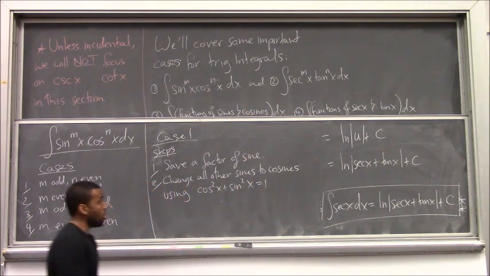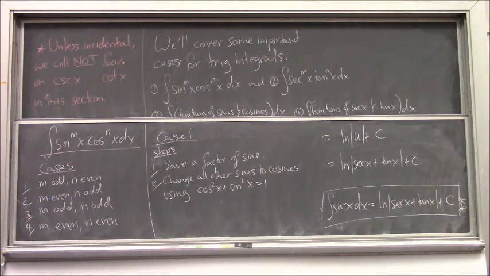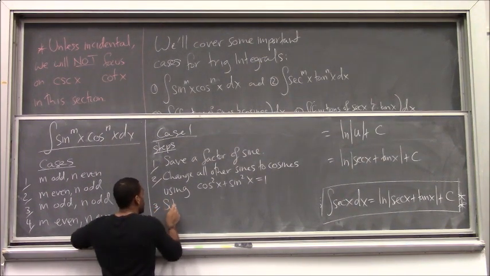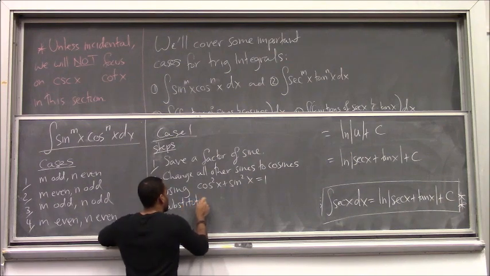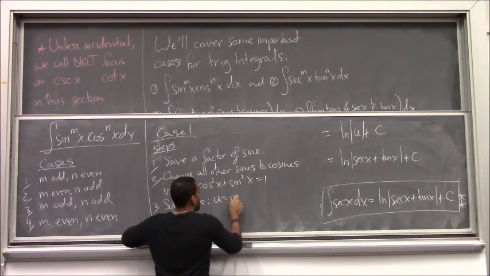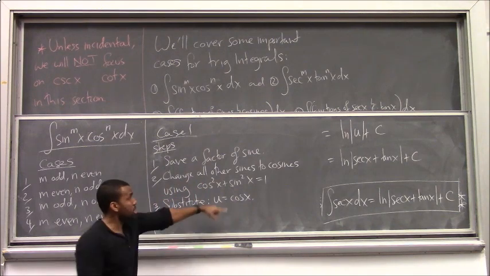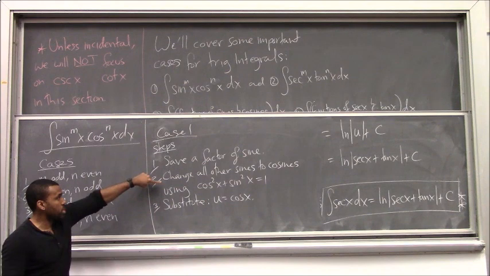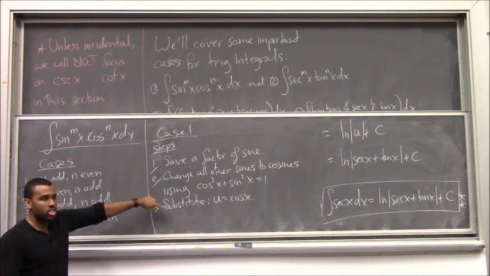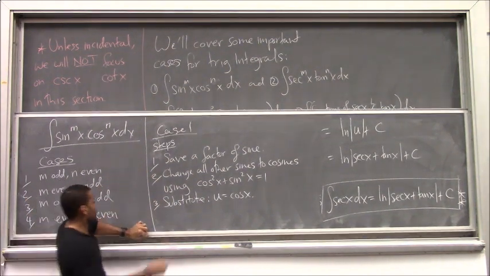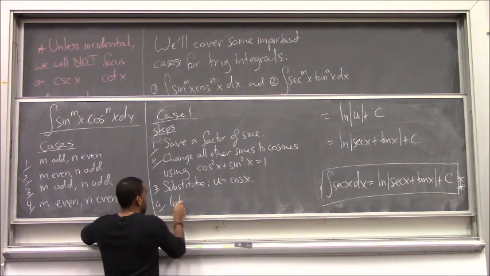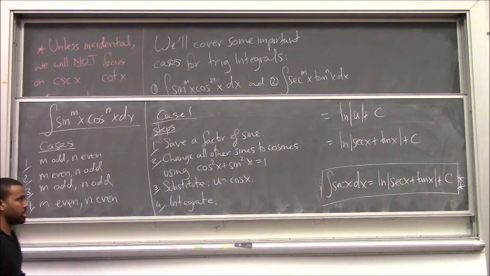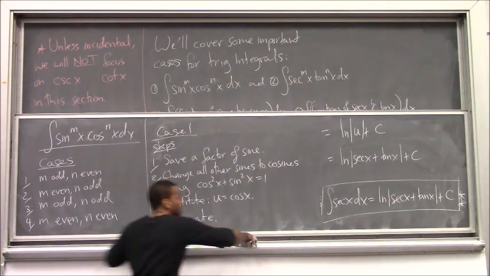So you can rewrite all other sines using sine squared equals 1 minus cosine squared. Three, you're going to do a substitution: u equals cosine. Your du is going to be that sine that you had saved, so you're going to be able to take that, and because you changed all other sines to cosines, you're just going to now have a function of u. Integrate. Do your thing at this point. At this point, you should be in a familiar situation. It's not going to be too hard to deal with.